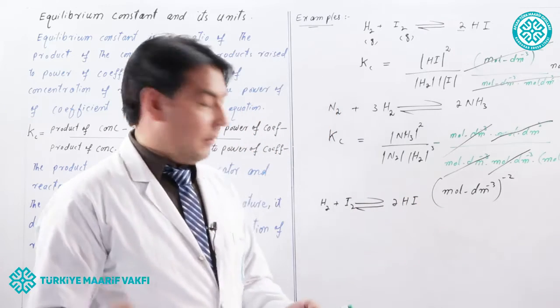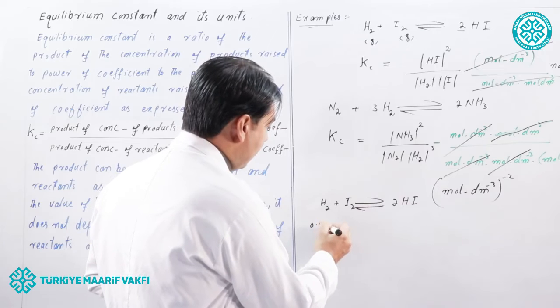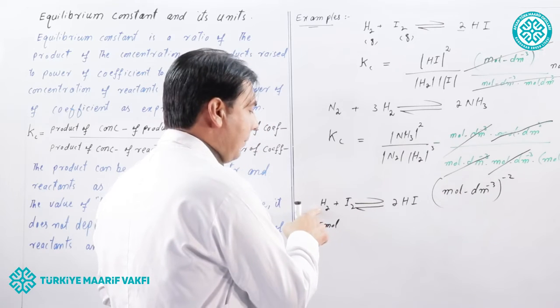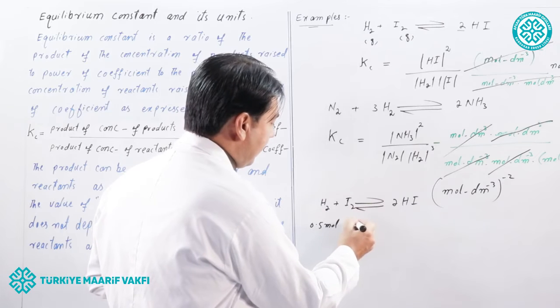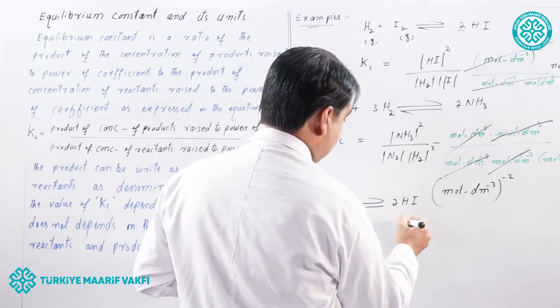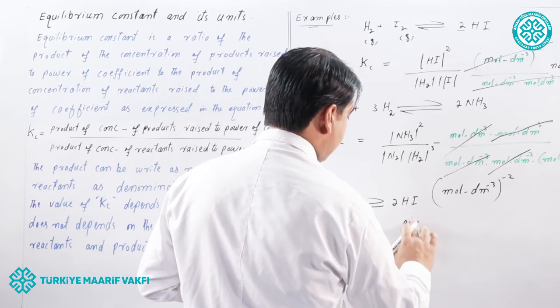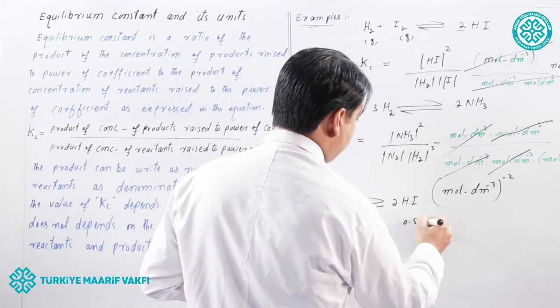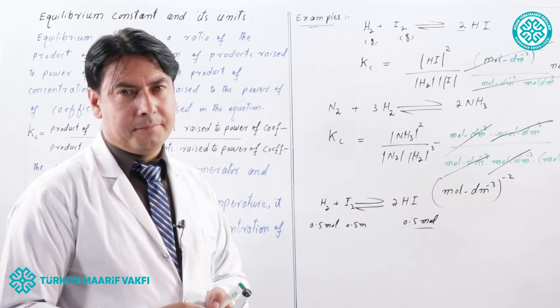Now let us say 0.5 mole of hydrogen reacts with 0.5 mole of iodine to produce 0.5 mole of hydrogen iodide.